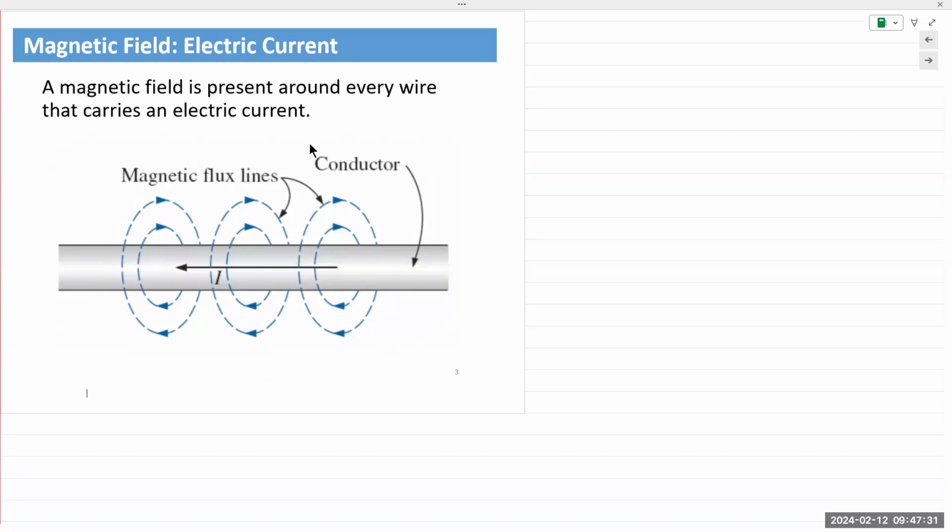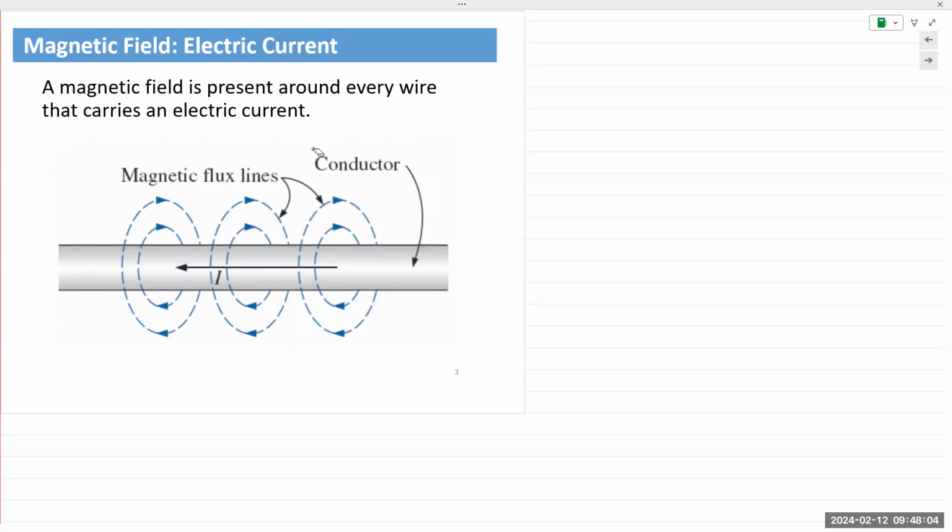If you hold a conductor in your hand with the thumb pointing outwards, the thumb points towards the direction of the current, and your fingers point towards the direction of the magnetic flux lines. So if you hold your right hand out like this with the thumb pointing out, the thumb points towards the direction of the current, and your fingers point towards the direction of the magnetic flux lines.